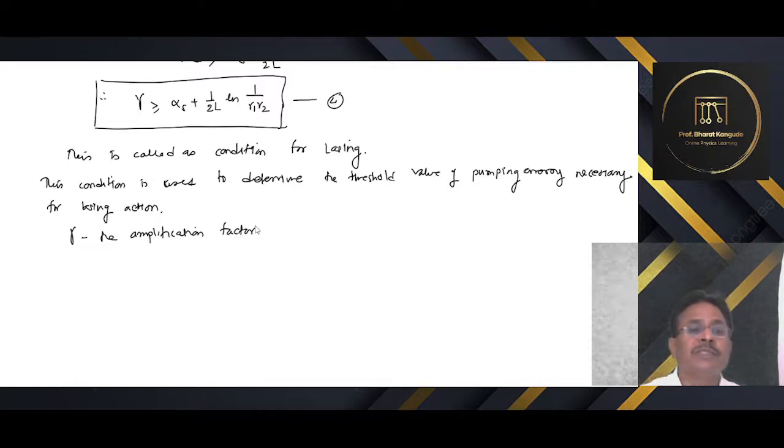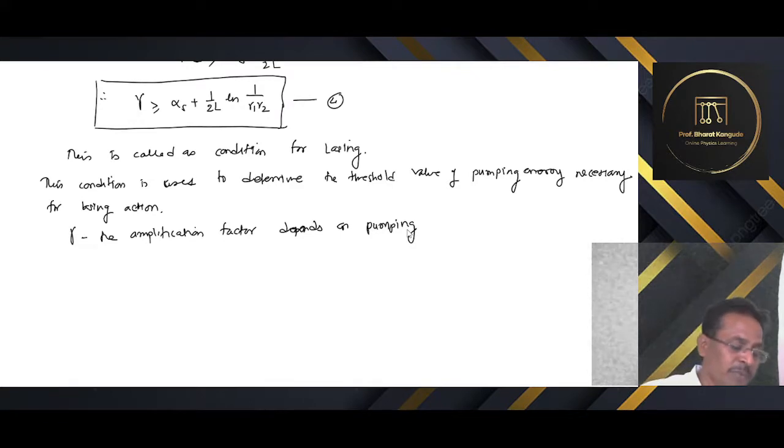So the factor depends on pumping, on to what extent we do the pumping. As the pump power is slowly increased, a value of gamma called the threshold value is reached.